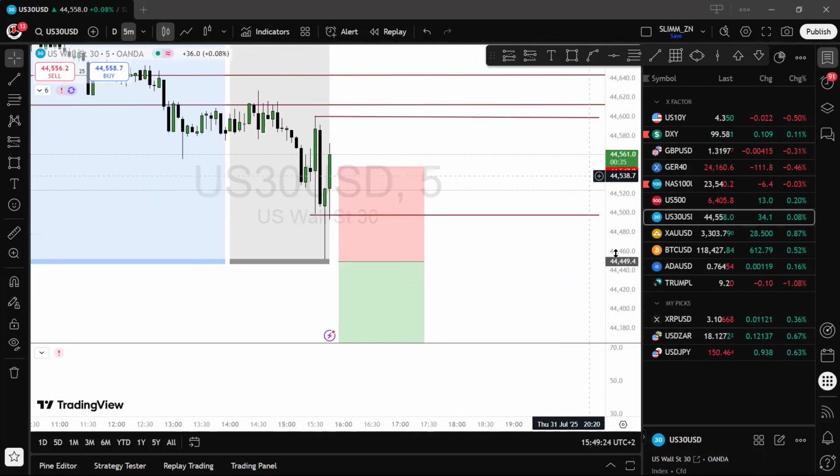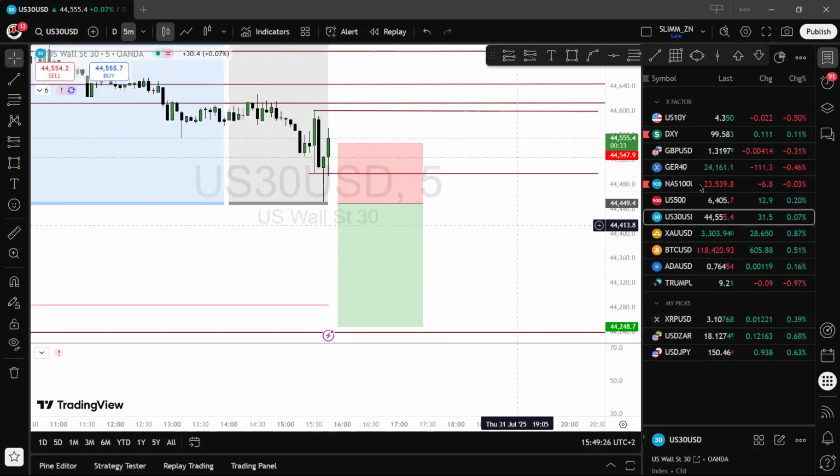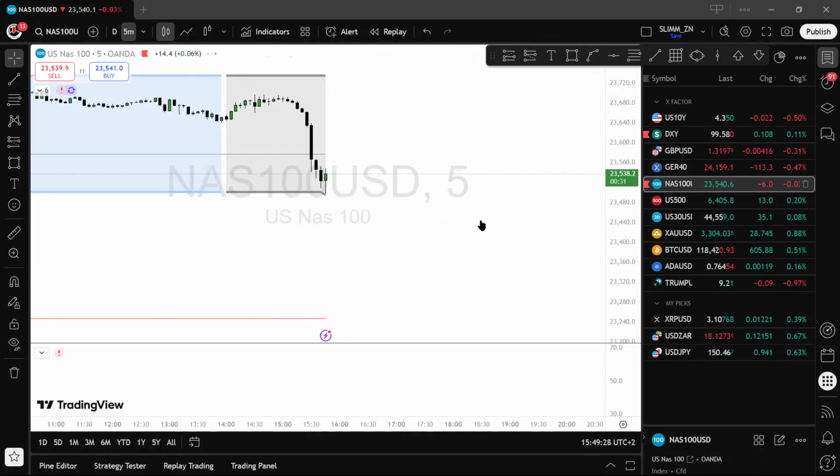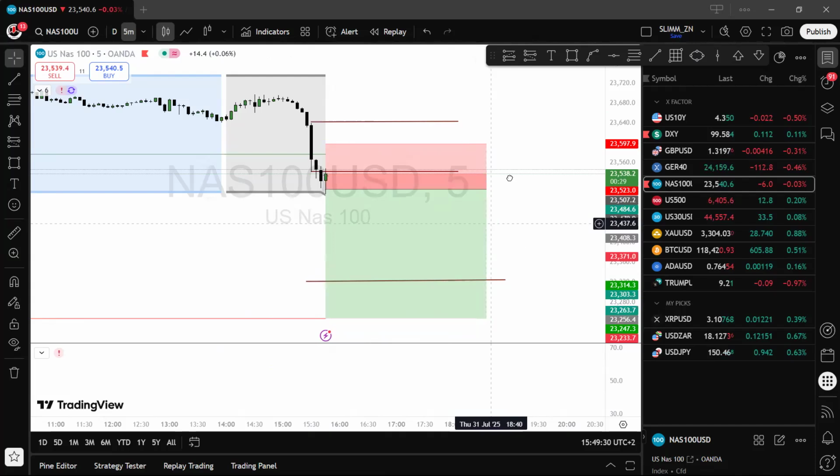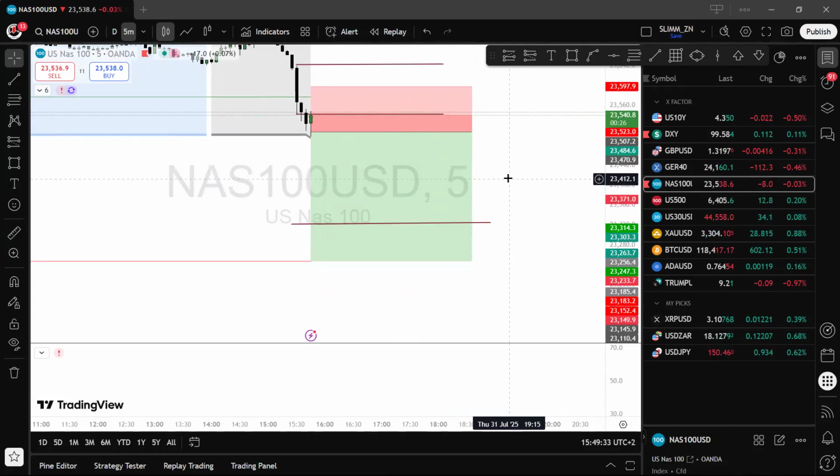US30 is still in the range. Nasdaq is active. We have one position. So let's just monitor this and see how it goes.